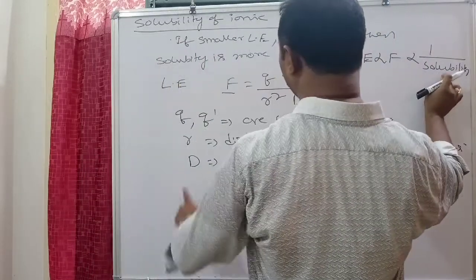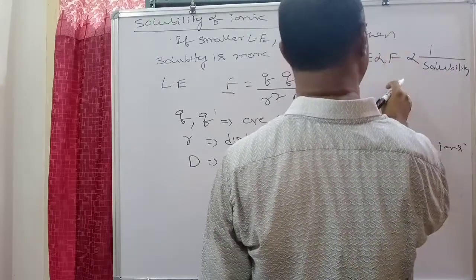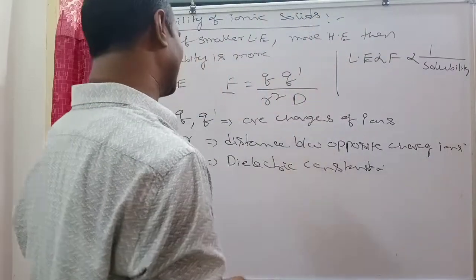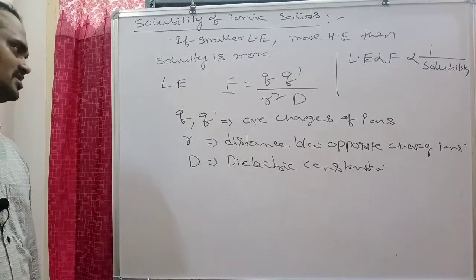For solubility of an ionic solid to increase, force of attraction should decrease. When force of attraction decreases, lattice energy decreases, and they readily dissolve in the given solvent.